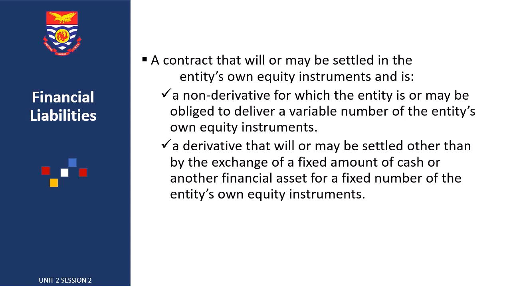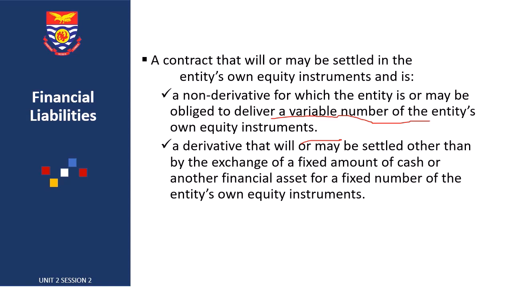So with this one, you are obliged to deliver a variable number of what? Your own equity instrument in fulfillment of that contract. Then the second one is that it's a derivative that will or may be settled other than by the exchange of a fixed amount of cash or another financial asset for a fixed number of the entity's own equity shares.